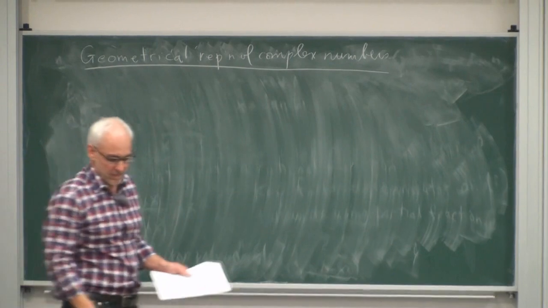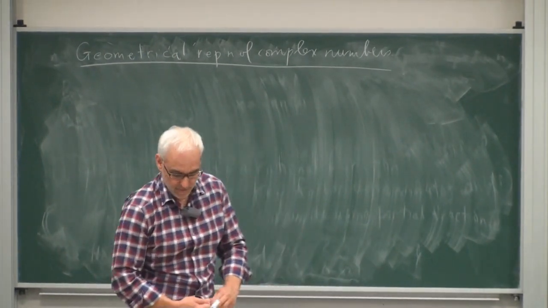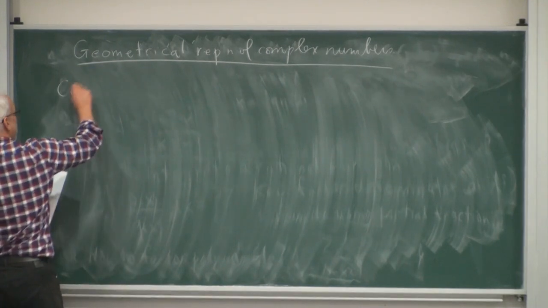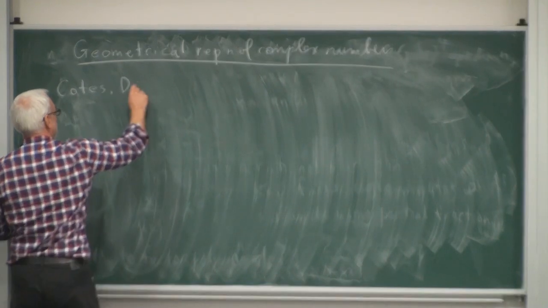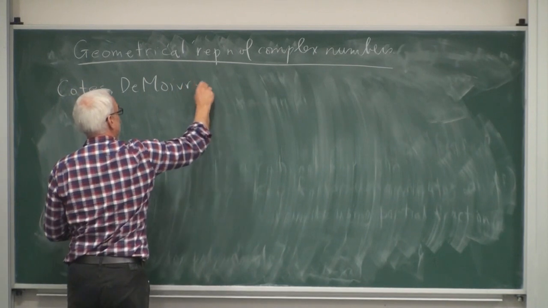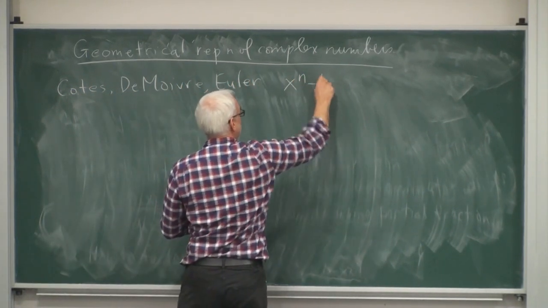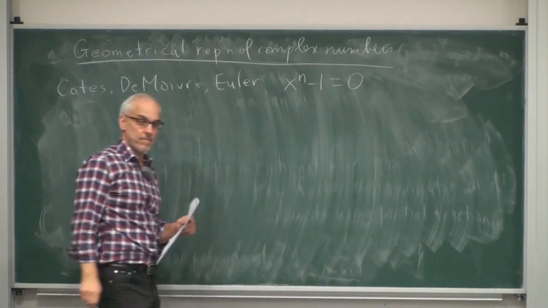It was clear from the work of quite a few people that there was something two-dimensional about complex numbers. For example, Cotes, DeMoivre, and Euler all studied the equation x to the n minus 1 equals 0.